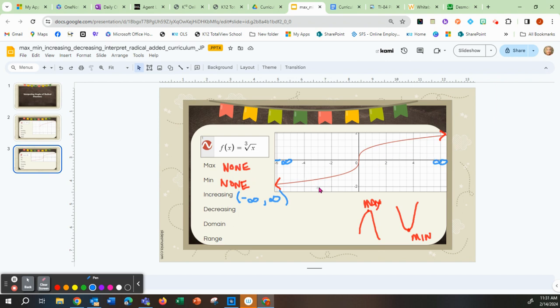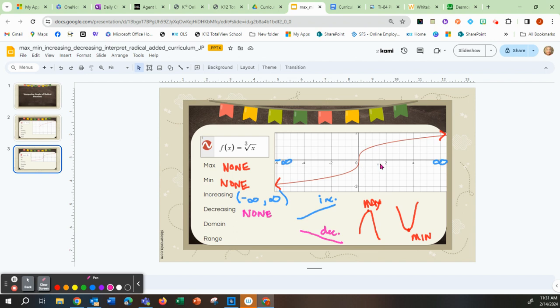We don't ever look from right to left. So if a graph is going uphill, that is increasing. If a graph is going downhill from left to right, that is decreasing. So none of this graph is decreasing. Every single bit of it from negative infinity to positive infinity is increasing.